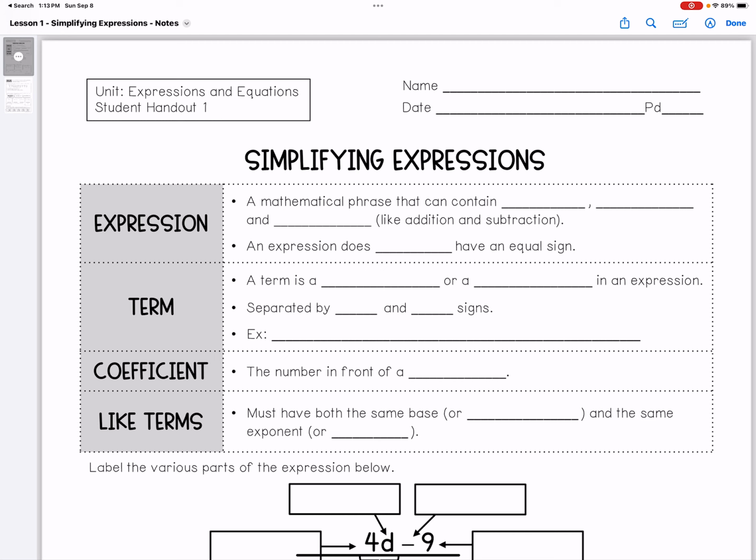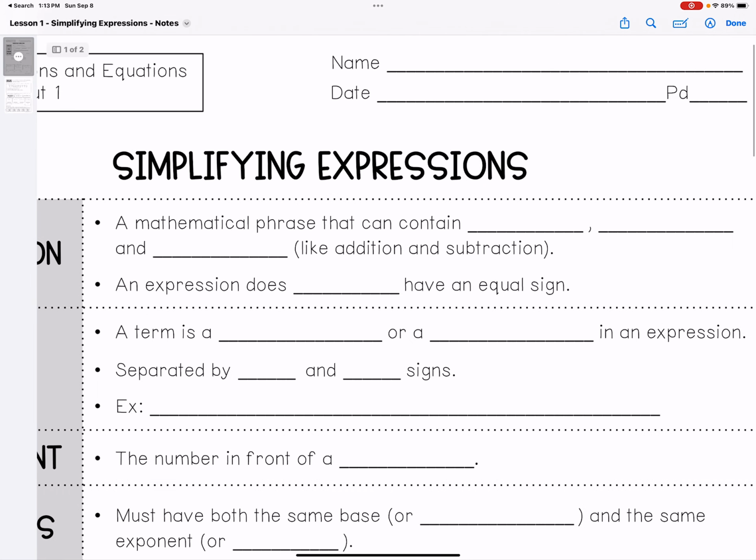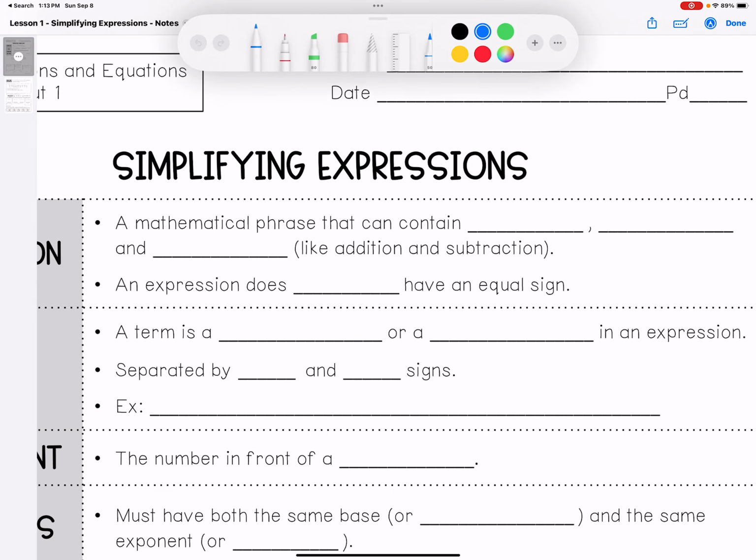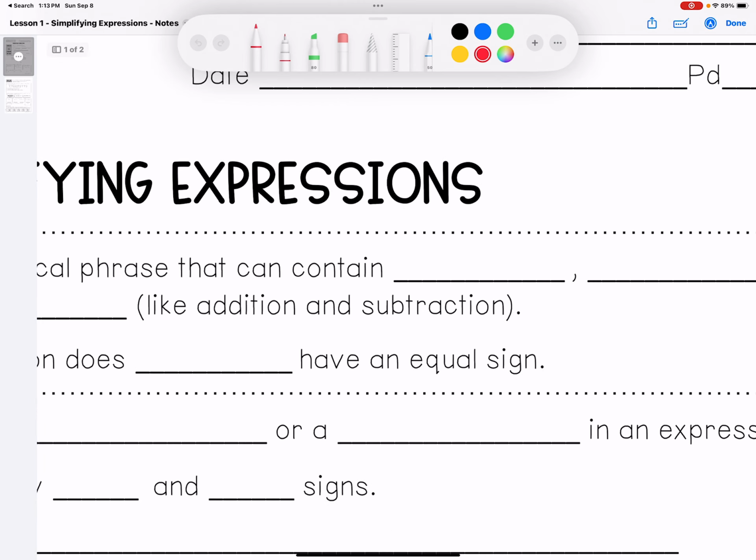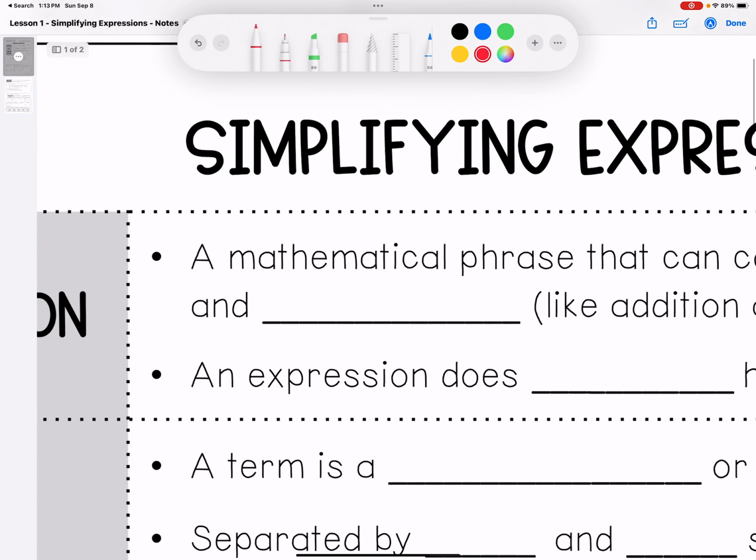Here we go. An expression. What is it? It is a mathematical phrase that can contain numbers, variables, letters, and operators.